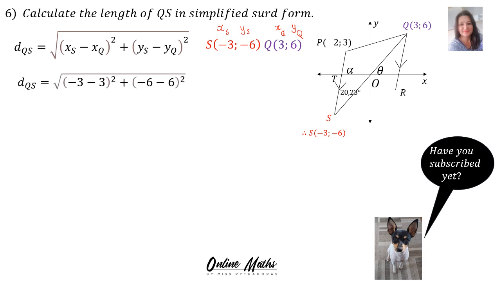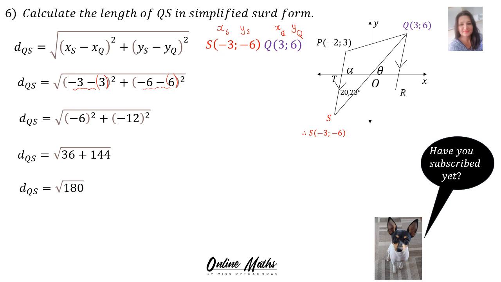So when we substitute, it's going to be (-3 minus 3) squared plus (-6 minus 6) squared. And then -3 minus 3 is -6 squared, and -6 minus 6 is -12 squared. -6 squared is 36 plus -12 squared is 144. And then 144 plus 36 is 180.